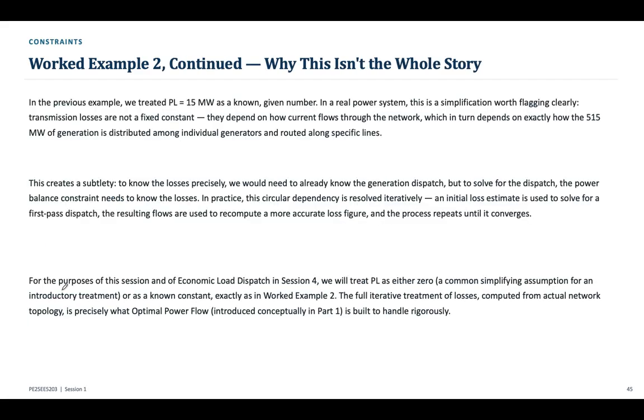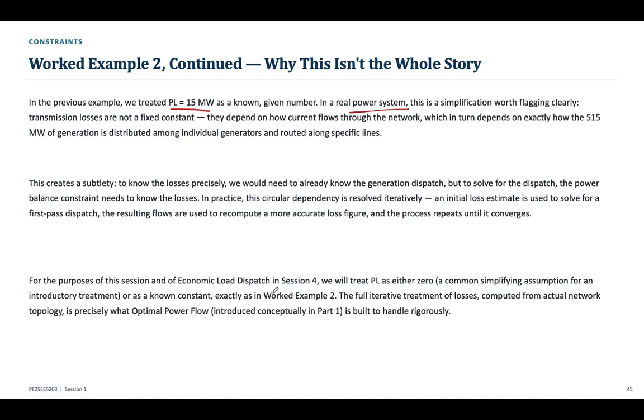Similarly, you have a worked example, continued. This isn't the whole story here. In the previous example we treated the loss of 15 megawatt as a known given number. In a real power system, this simplification is worth flagging clearly. The transmission losses are not a fixed constant. They depend on how current flows through the network and how much load demands the current, and we have very unpredictable load characteristics where load may increase or decrease all of a sudden.